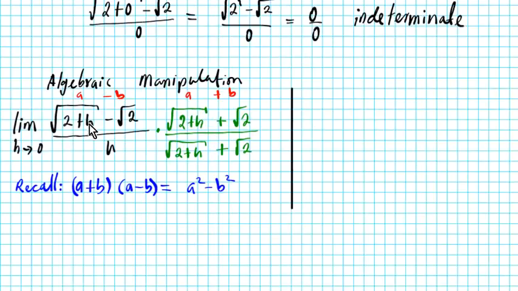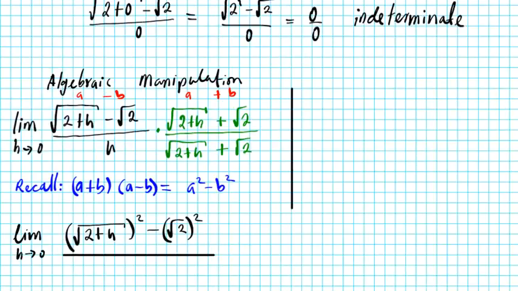So using this formula, we can condense the numerator. This becomes the limit as h approaches 0 of the square root of 2 plus h, quantity squared, minus the square root of 2, quantity squared, all divided by the denominator, which is h times the square root of 2 plus h plus the square root of 2.